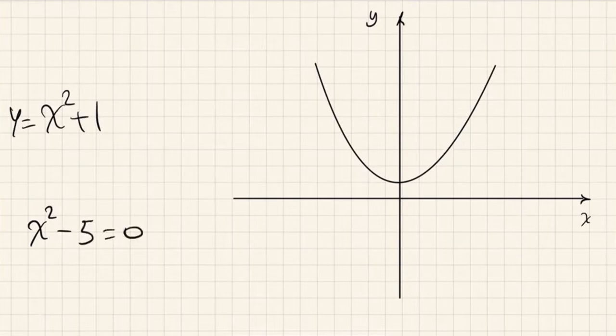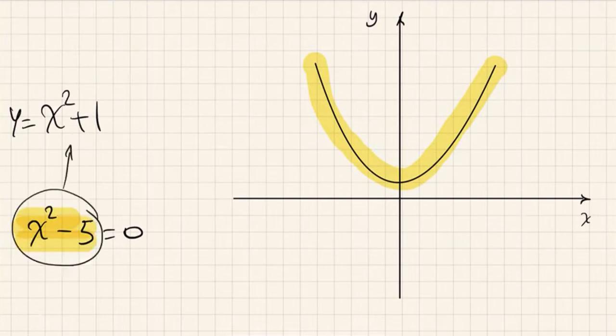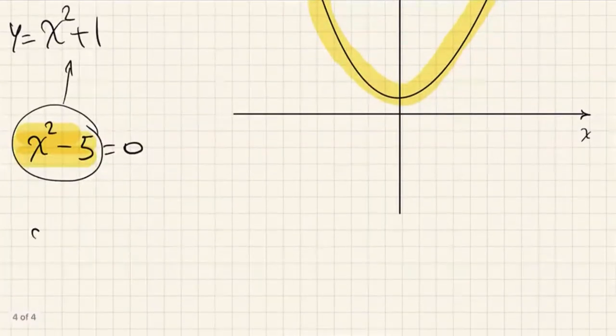So what do you have to do in this case? You cannot do anything, right? Because you need x squared plus 1. You need your graph. There is nothing here. It's not your graph. So what do you have to do? You have to turn this into that. How? You will say that x squared minus 5 is x squared plus 1 minus 6, right?